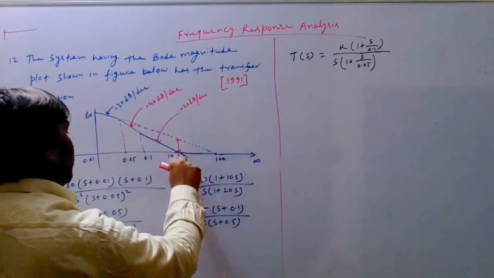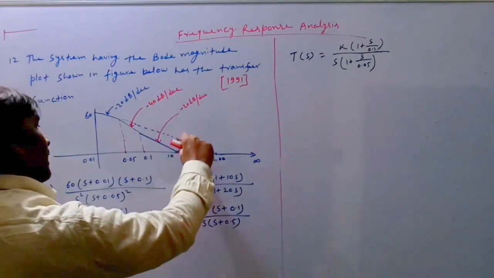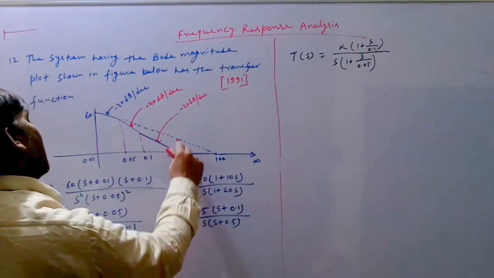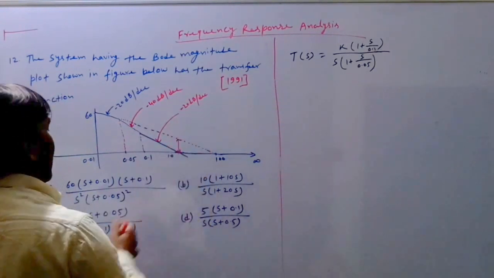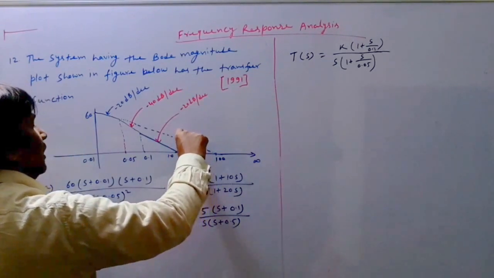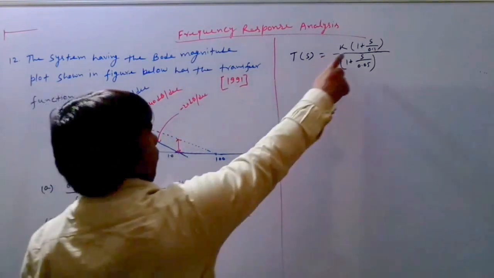So at omega equal to 1, this line will not pass through omega equal to 1. This line will pass through here, this point. So this much uplift is due to this k only.